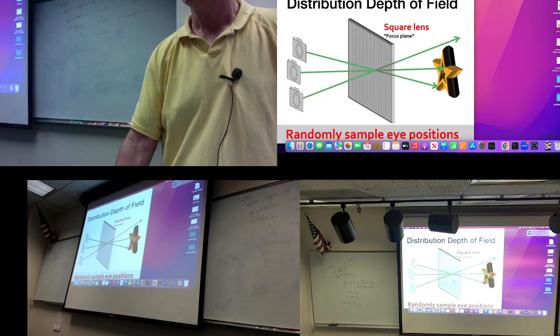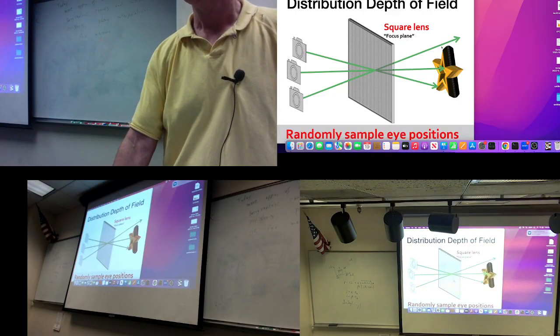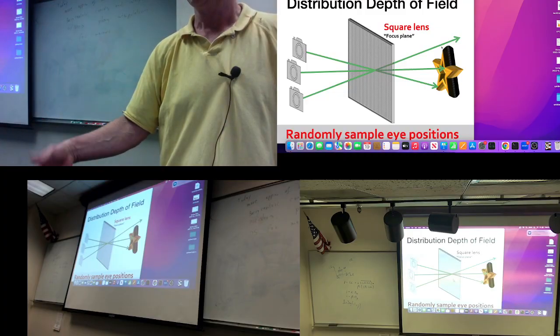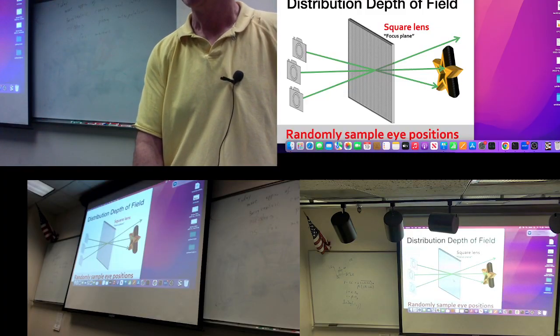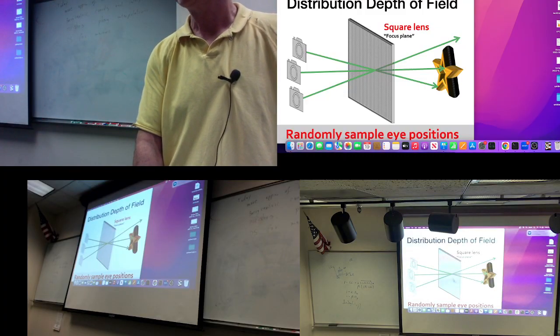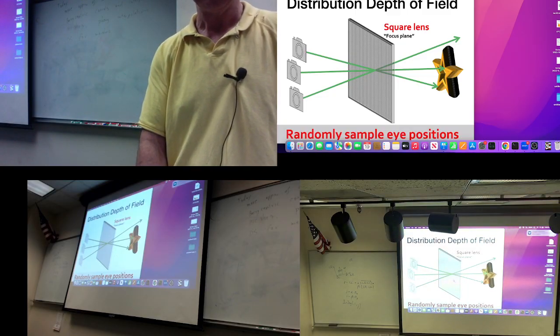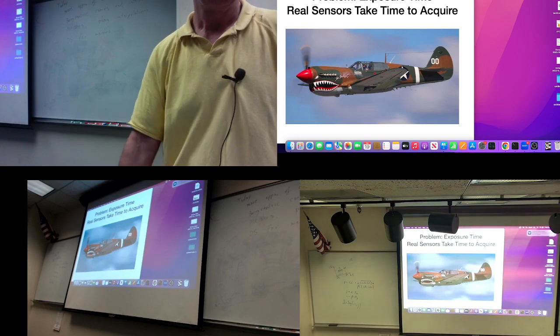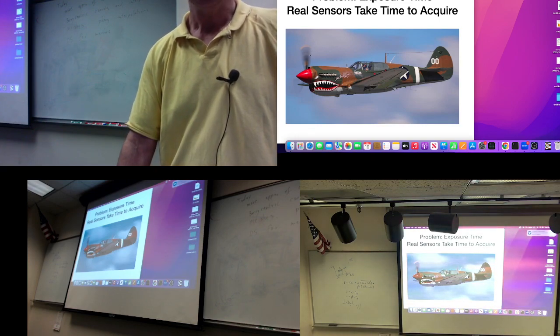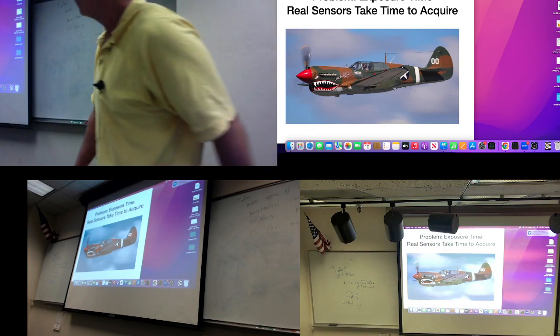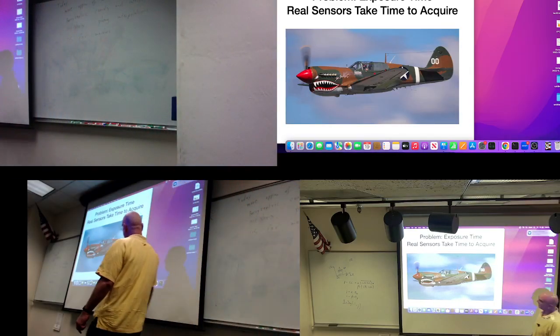The object that I want in focus moves with the camera. Objects that I want to blur, the out of focus ones, just don't move, so they get averaged out. It's a fancy way. You can probably get it with convolution with a Gaussian, to blur the things that you don't want.